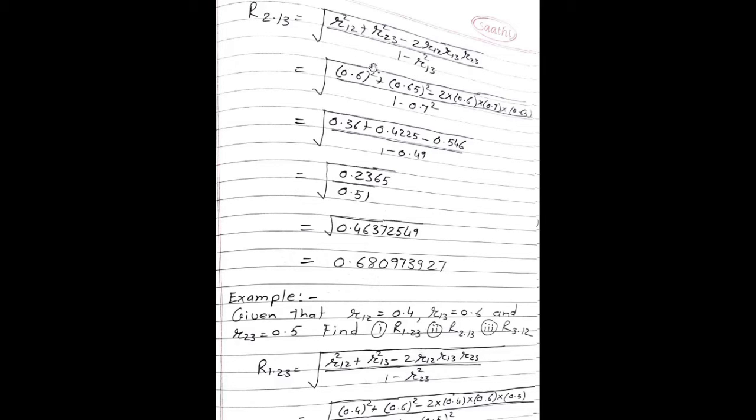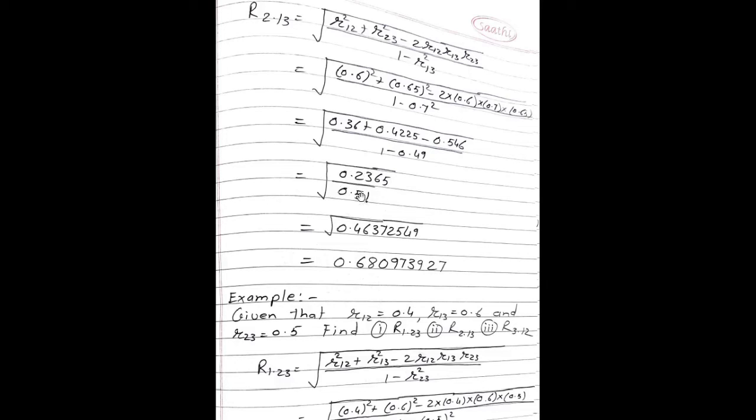So 0.6 square plus 0.65 square minus 2 into 0.6 into 0.7 into 0.65 divided by 1 minus 0.7 square. Which can be written as square root of 0.36 plus 0.4225 minus 0.546 divided by 1 minus 0.49, which is equal to square root of 0.2365 divided by 0.51.